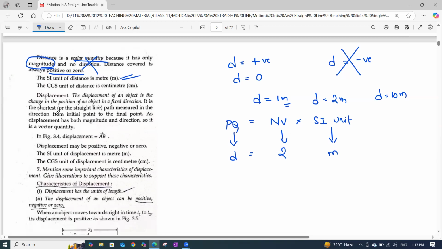Next concept is displacement. What is meant by displacement? Displacement of an object is the change in position of an object in a fixed direction, or it is the shortest path measured in the direction from initial point to final point.